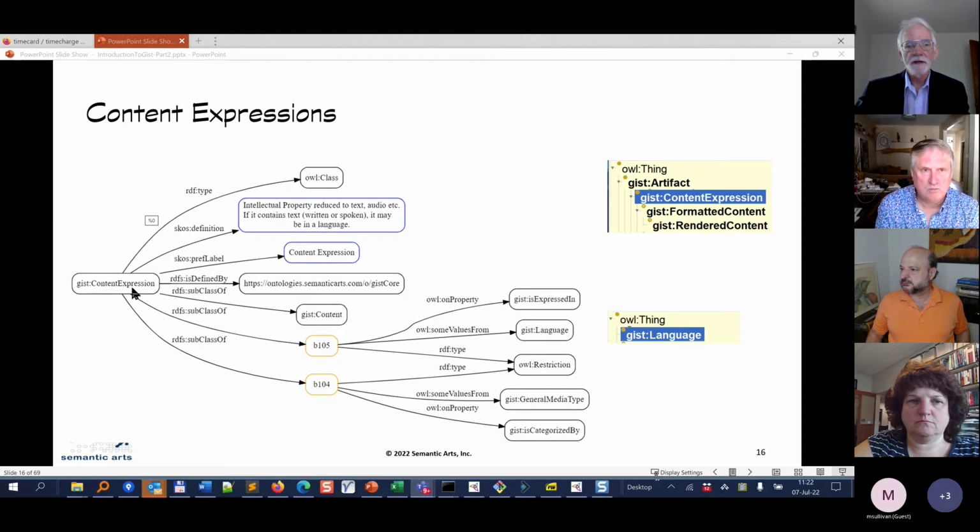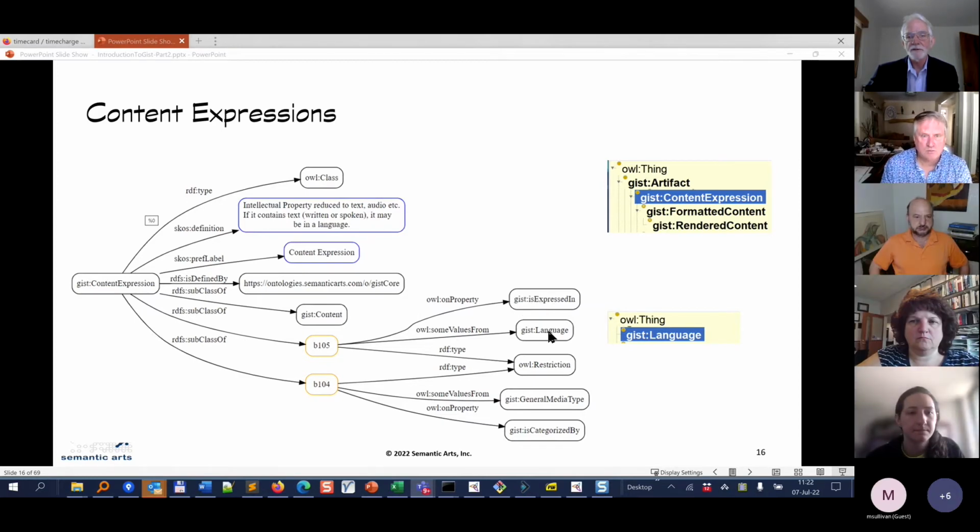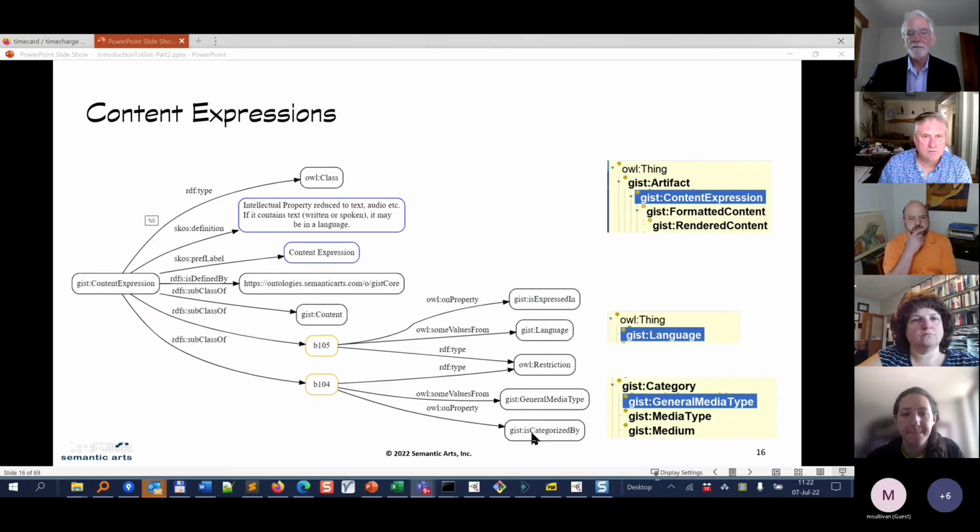Any content expression is expressed in some language, that's this property from just, is expressed in. And secondly, it's some kind of media type. It's categorized. There are a lot of categories of different types of media, and it's in one of those categories. So that's how content expressions work.